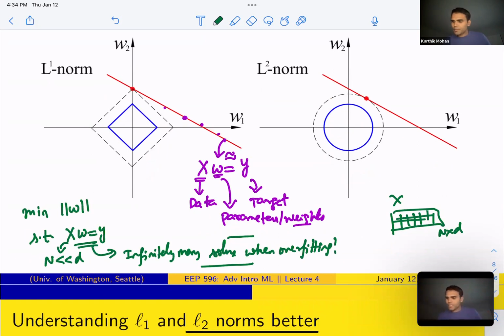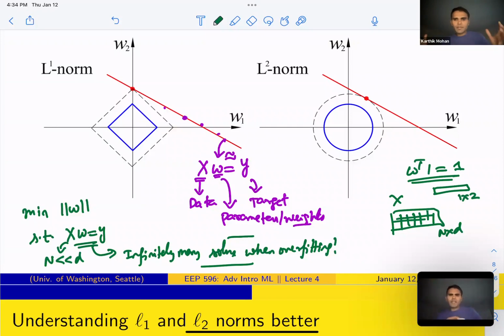Like one example we looked at last time, w transpose 1 equals 1. This is a 1 by 2 matrix, because this is one data point, w1 plus w2 equals 1. So this is also underdetermined and has infinitely many solutions. Just an example of an underdetermined system. So we're in that context.